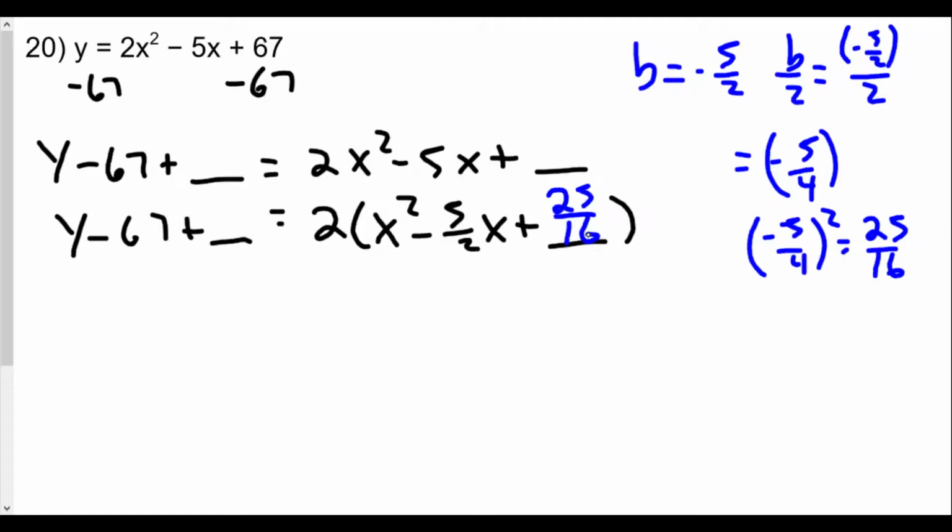The problem with this is that I cannot put that same value into the left side because in the end result, I'm multiplying everything by 2. So on the left side, the equivalent value would be 2 times 25 over 16, which would be, in this case, 25 over 8.